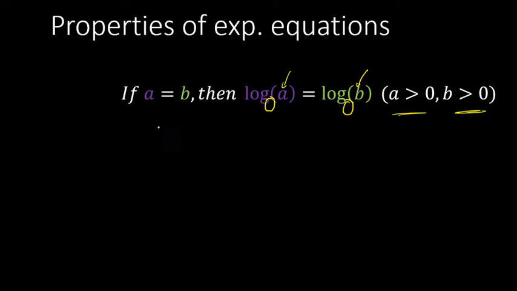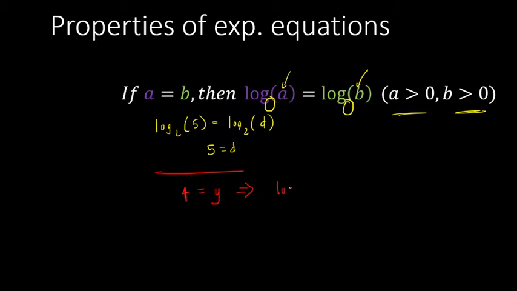So to put this in writing, if I had log base 2 of 5 equal to log base 2 of d, you can probably see that 5 must be equal to d. That's one direction. In the other direction, we could say 4 is equal to y, so that means the log of 4 must be equal to the log of y.